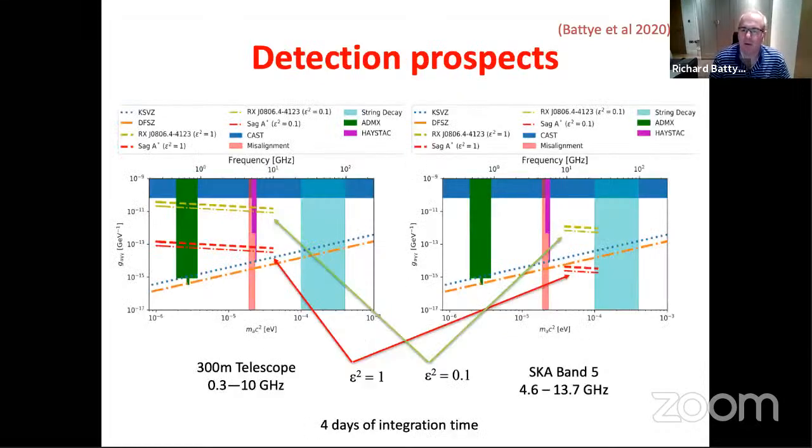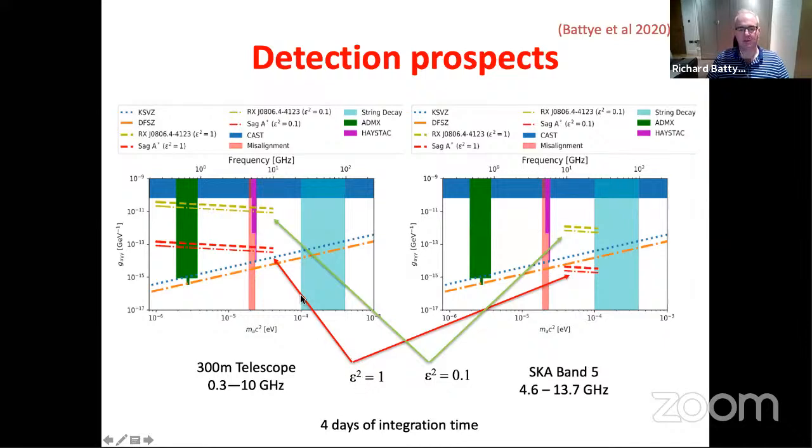Based on our estimates, we believe that limits on, this is the plot that I had before, right at the beginning, of g_a gamma gamma against m_a c squared. These are the axion models, and up here the red and the green curves are potential limits that you might be able to get with a 300-meter telescope between 300 megahertz and 10 gigahertz.